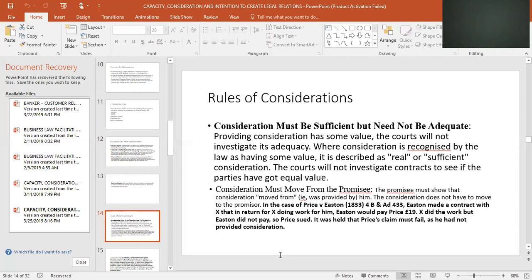So the consideration must move from the promisee to the promisor.